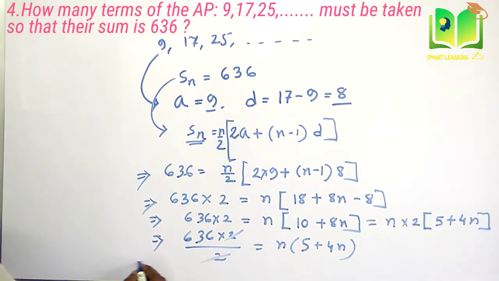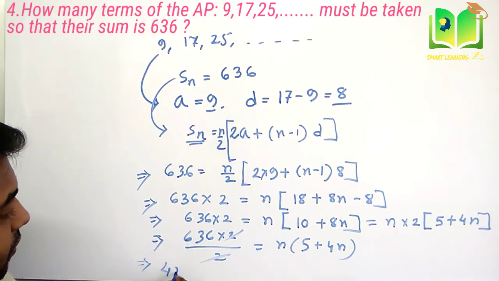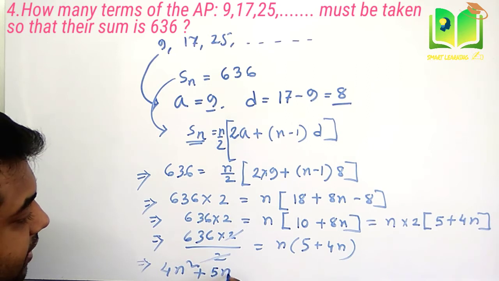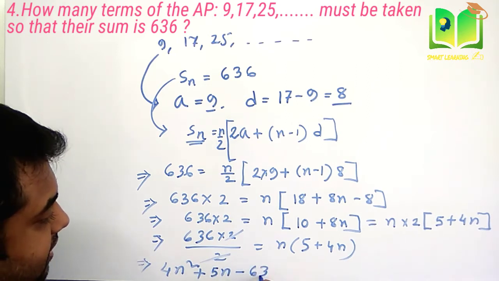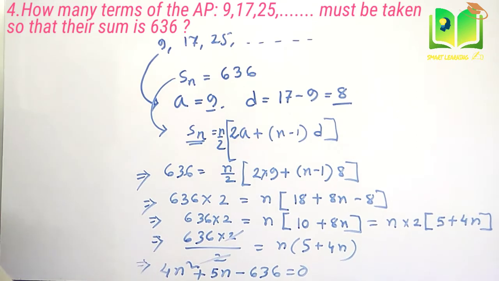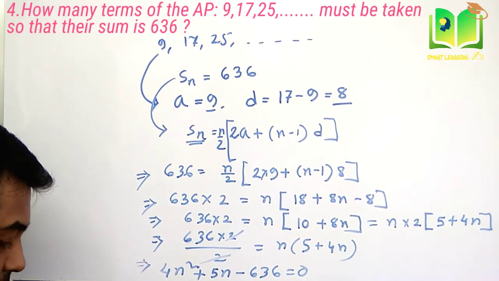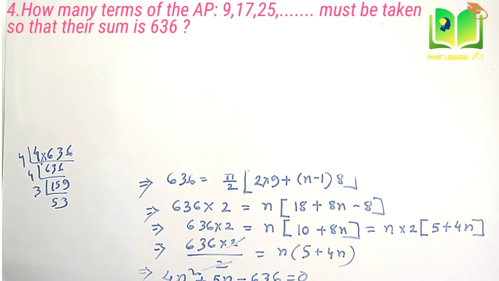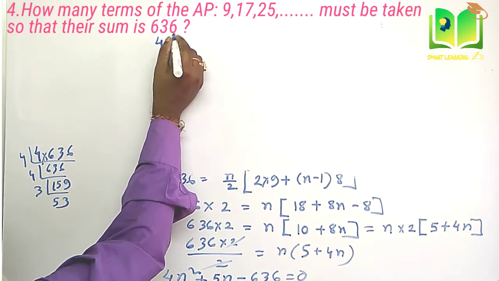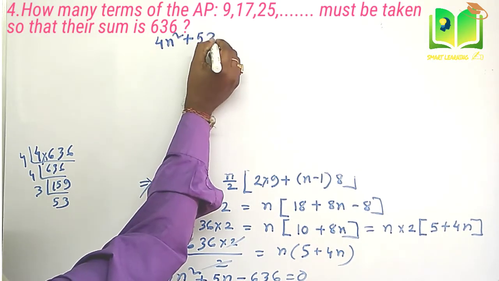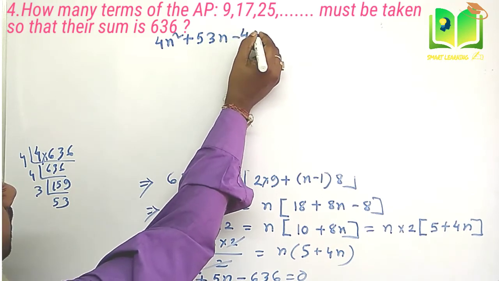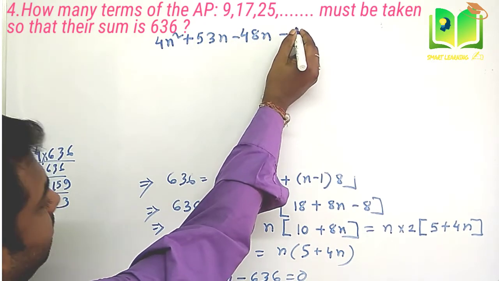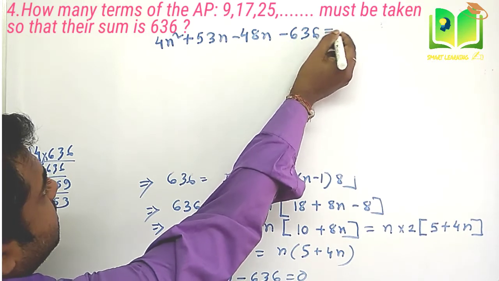So what you have? 4n square plus 5n minus 636 equals 0. Now we have to simplify this one. You can see 4n square plus 53n minus 48n minus 636 equals 0.